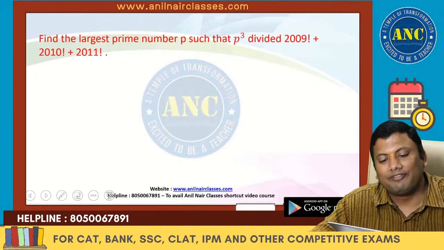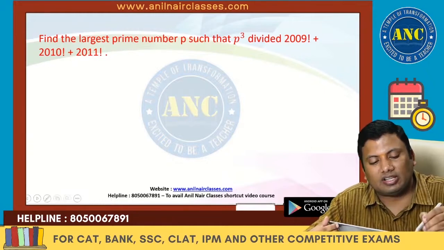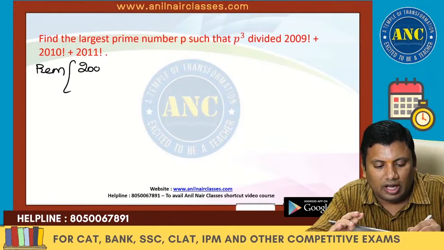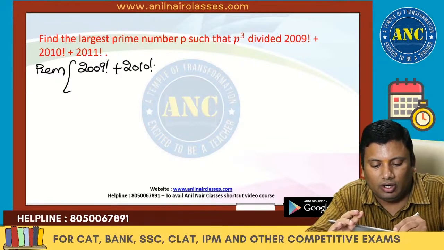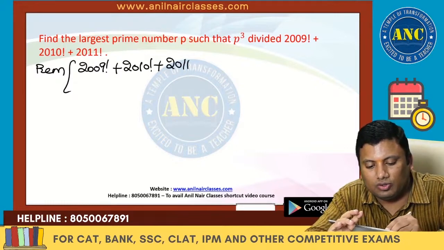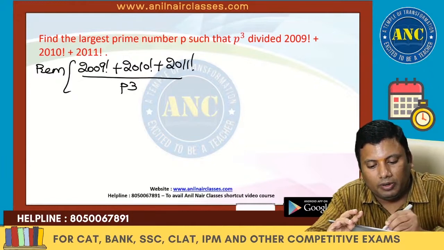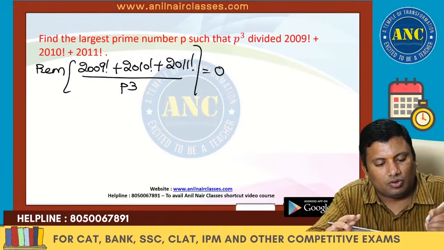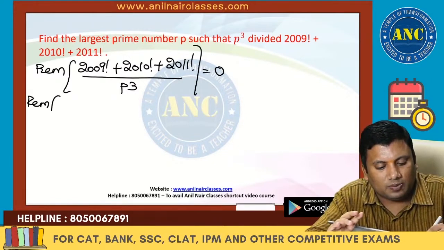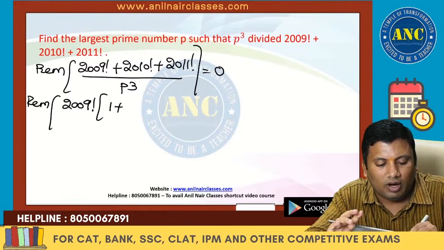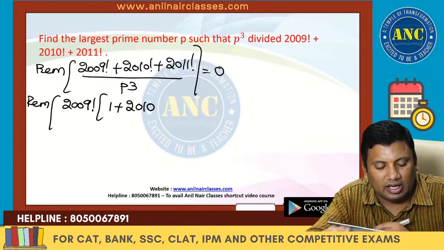Next one. Find the largest prime number p such that 2009 factorial plus 2010 factorial plus 2011 factorial divided by p cube should be equivalent to 0. What is the final expression that we got? 2009 factorial into 1 plus 2010, right?